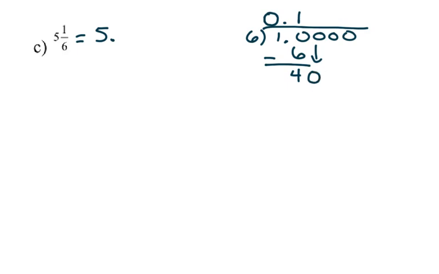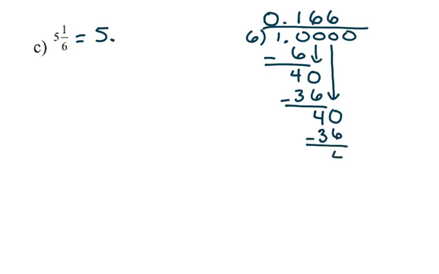Bring down the 0. 40 divided by 6 is 6 because 6 times 6 is 36. Subtracting 40 minus 36, we have 4 left over. Bring down the 0. We have 40 again. 6 times 6 is 36.